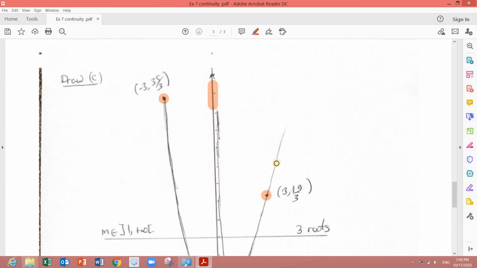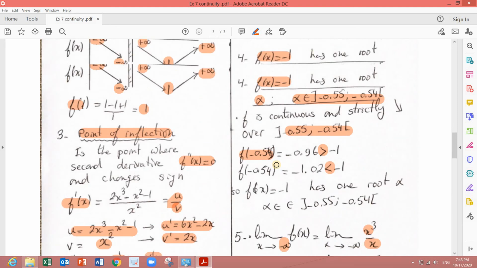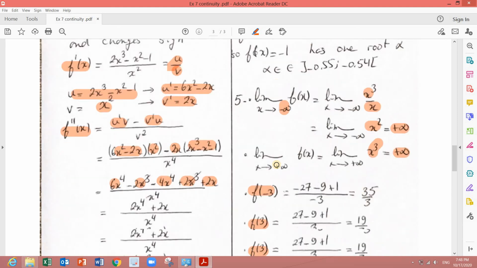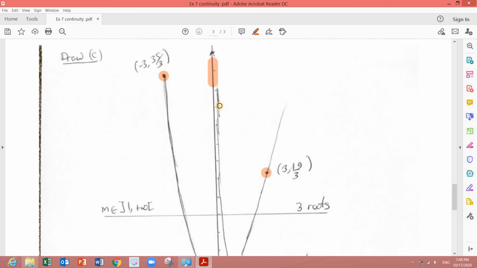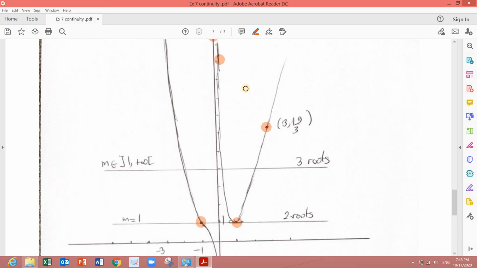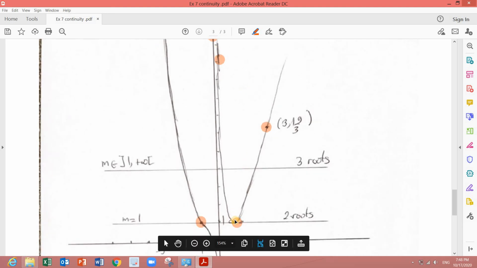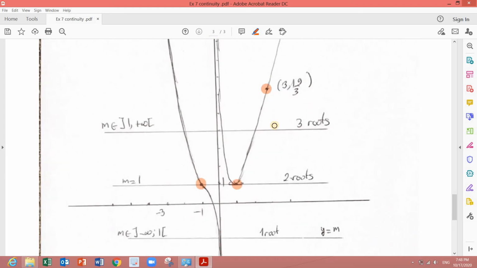Second branch from the table of variation, it starts from 0, plus infinity. 0, plus infinity is here, near the vertical asymptote, decreases to the minimum, then goes to plus infinity. We have this particular point. It should pass through this particular point.